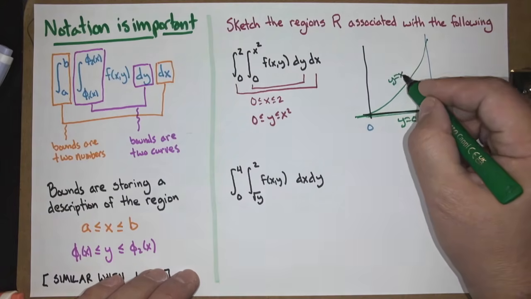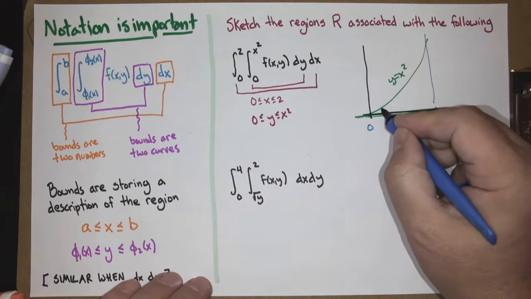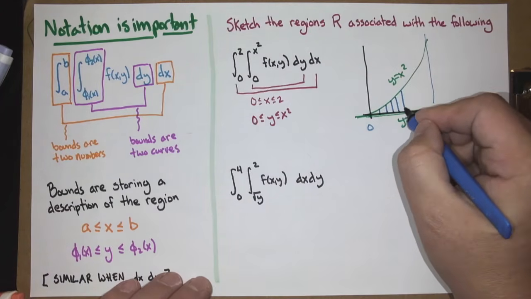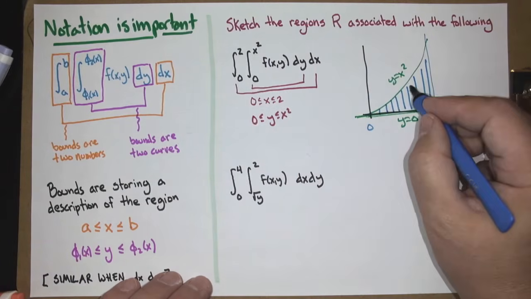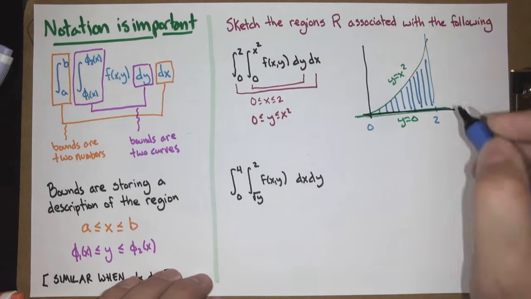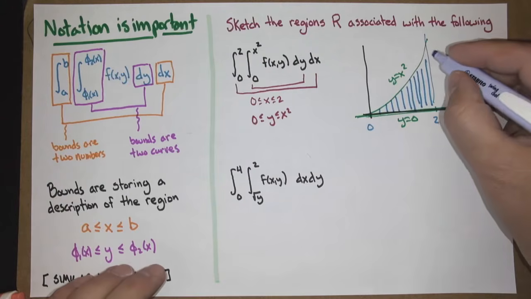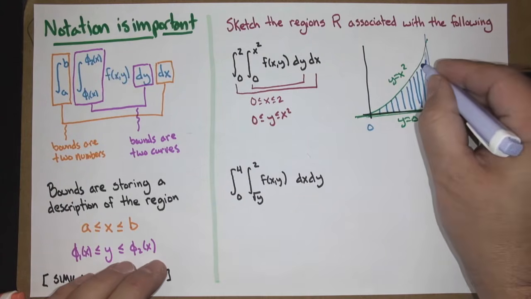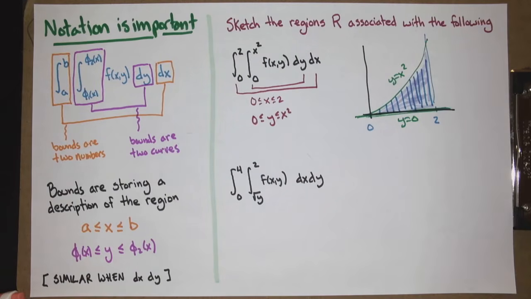So here's y equals x squared. And in particular, the way we're thinking about this region is we're slicing, this is our vertical slicing, up and down. So we're having y go up and down as we go along x. So there's our region. All right, so it's not too bad. Not too bad. Any questions about this part? That seem okay?